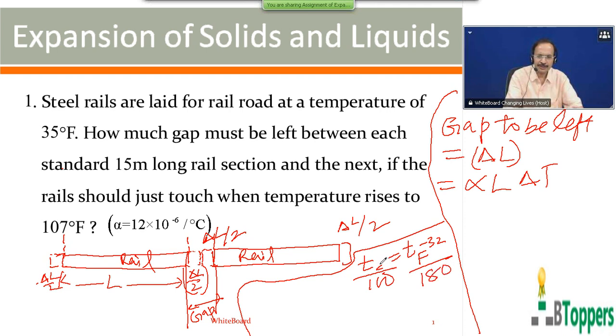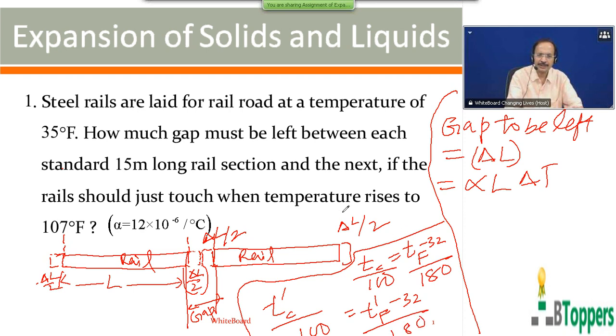Tc is the temperature on centigrade scale at the initial temperature on centigrade. Tf is the initial temperature on Fahrenheit scale. So the final temperature on centigrade scale we denote by Tc dash, and final temperature on Fahrenheit scale by Tf dash.